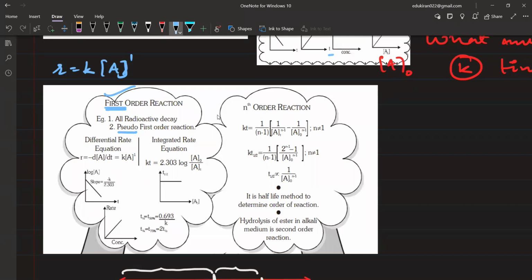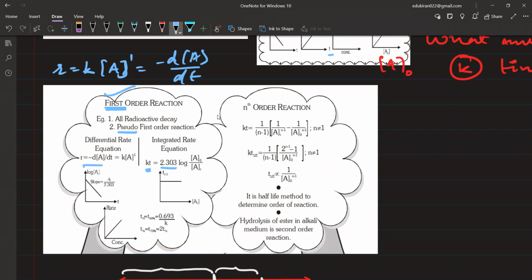When you integrate on both sides, first of all you write dA upon dt, and then you do variable separation. After that, when you integrate it, you will get the formula: KT is equal to 2.303 log of A0 upon AT. Please write this down. Now, all the graphs will be in terms of log in this case.